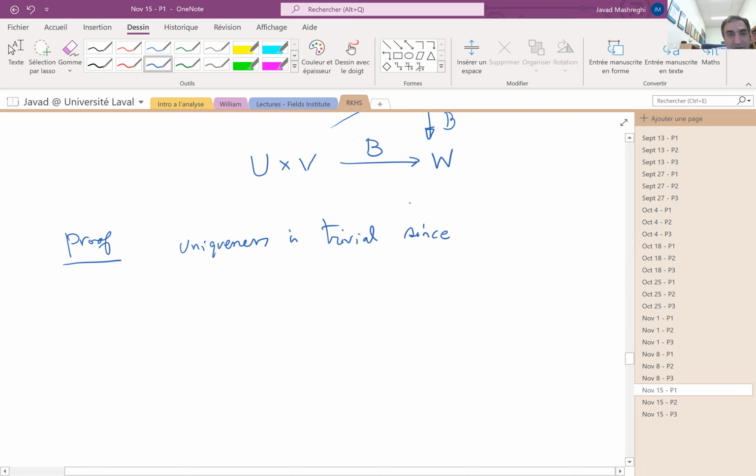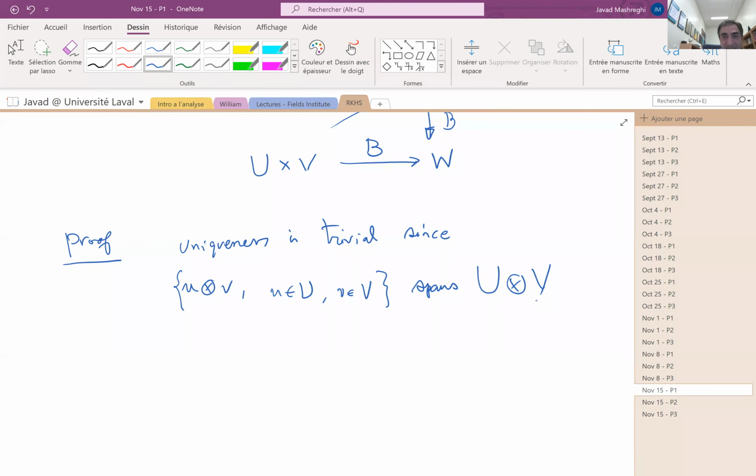Since U is in big U, V is in big V, the elements U tensor V span the whole space. So this creates the whole space. So if a linear map is defined on these elements, then it is unique by linearity.